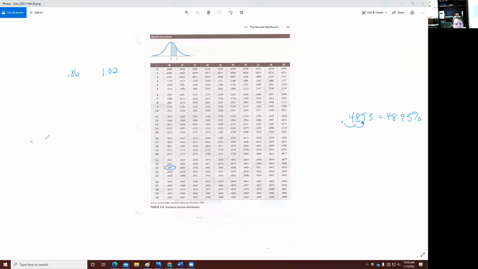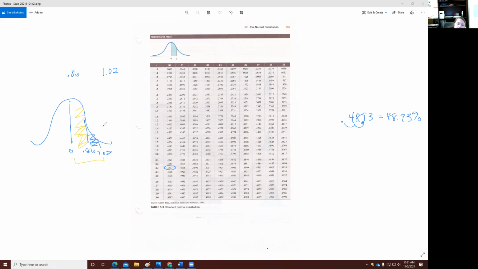All right, so what that means, if you draw it here, you're looking at 0.86 and then 1.02, and we want between this. But if you notice here, your z-score only goes from here to this number. It doesn't do between two numbers. So what you would have to do here is find it from here to 0.86, and then find it from 0 to 1.02. And then to get this part, you would subtract these two numbers.